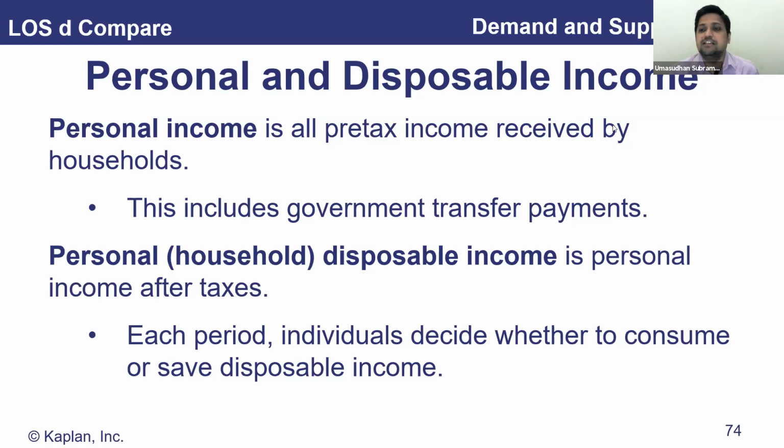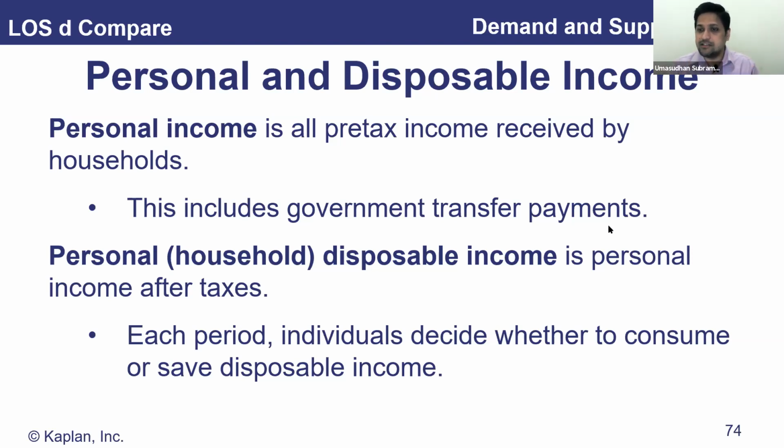Now, what is disposable income? Disposable income is basically you take your personal income and deduct the income taxes that households need to pay. If you deduct the income taxes from your personal income, that becomes your disposable income.